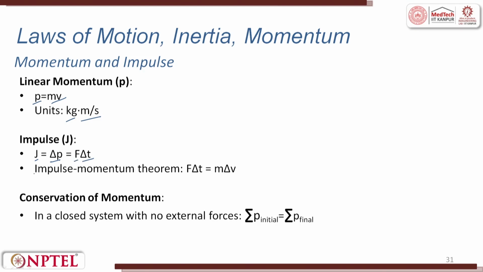So, there is a theorem known as impulse momentum theorem, that is force times change in time is equal to mass times change in velocity. Conservation of momentum, that is initial momentum and final momentum are the same in a closed system with no external forces.